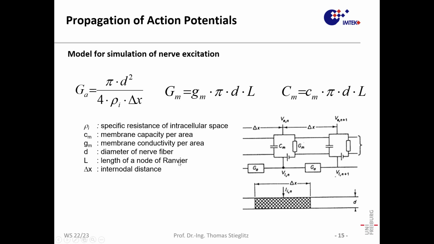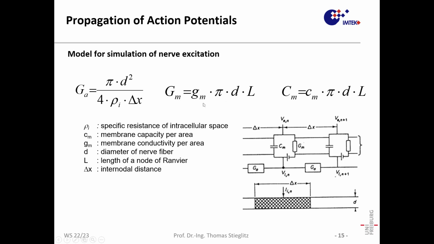Here, the length of a node of Ranvier, if we are in a non-myelinated nerve fiber, we can also take the same delta x as here. But if you look at the previous slide, there is that differentiation between myelinated and unmyelinated, and therefore you have to exchange that L by the delta x in your mind if you switch from myelinated to unmyelinated.